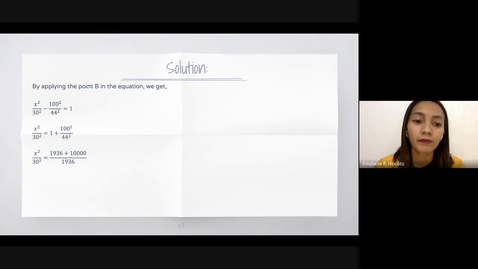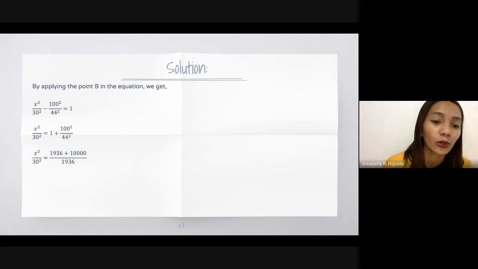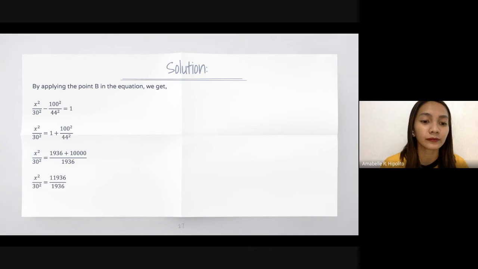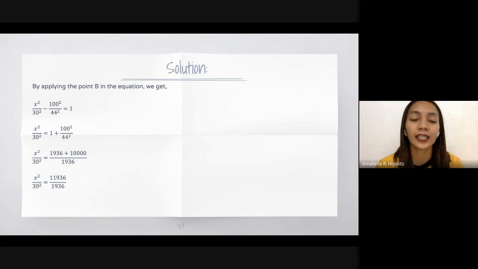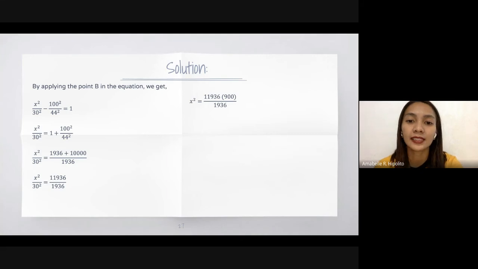1,936 plus 10,000 all over 1,936. So, we have now x squared all over 30 squared is equal to 11,936 all over 1,936. So, multiply each side by 900. Here, it cancels, so it is just x squared there.